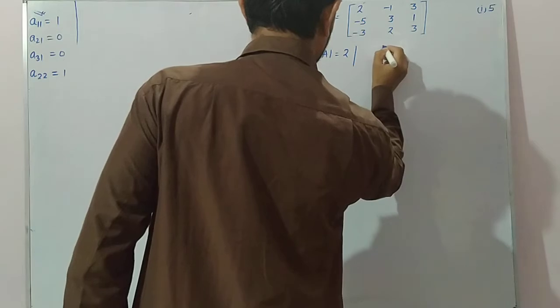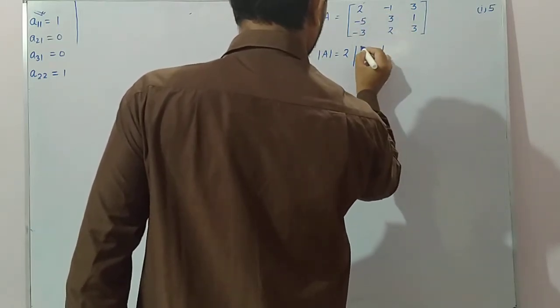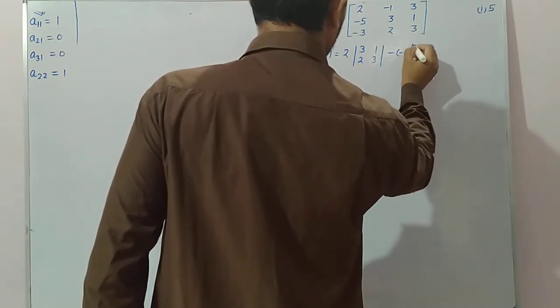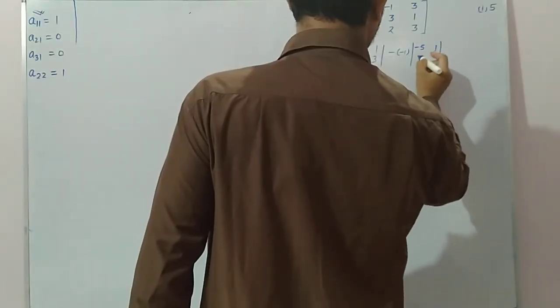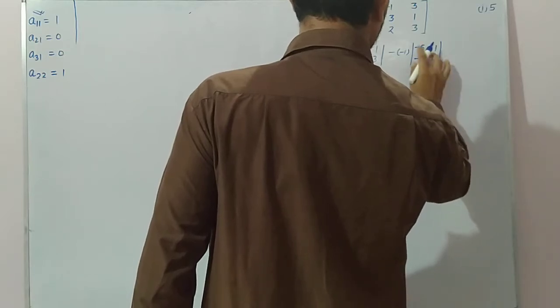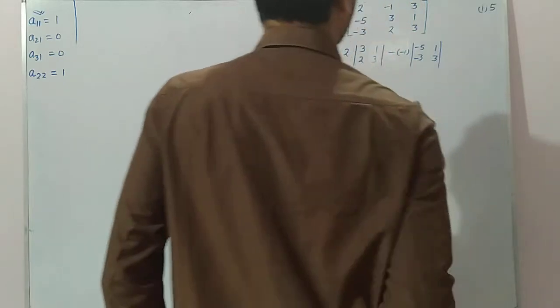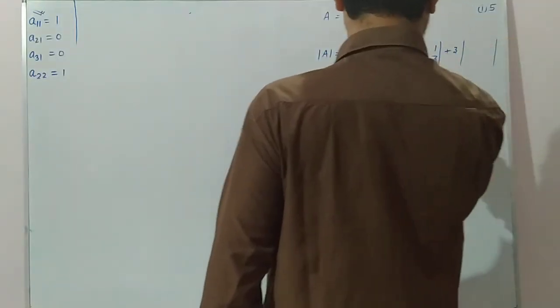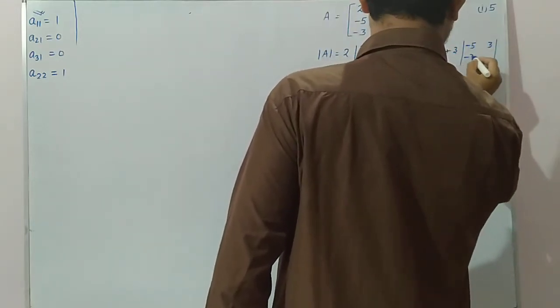So this is 2 into, we will eliminate the row and column, this is 3, 1, 2, 3, minus, minus 1. Eliminate the first row and second column, minus 5, 1, minus 3, 3. Then third row, that is 3 into minus 5, 3, minus 3, 2.